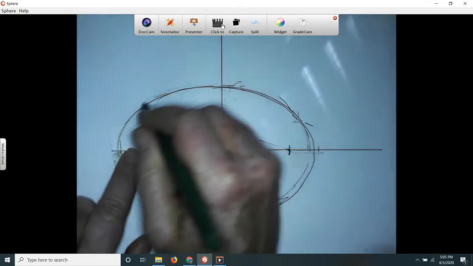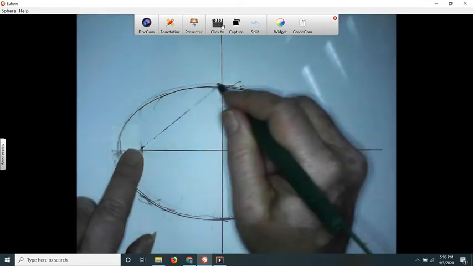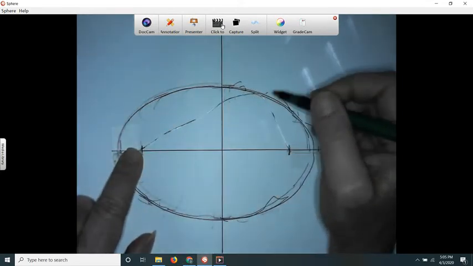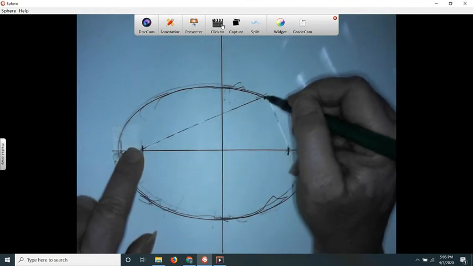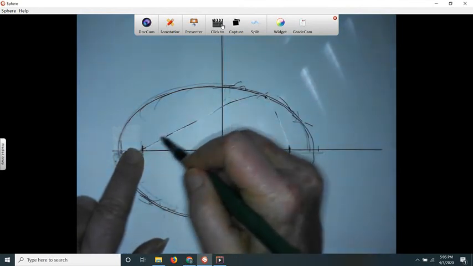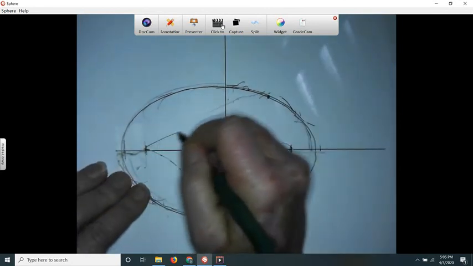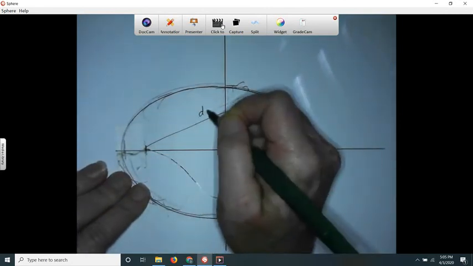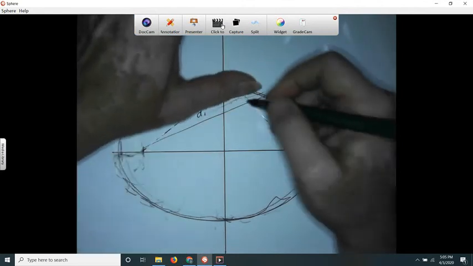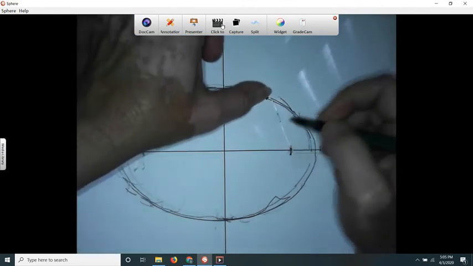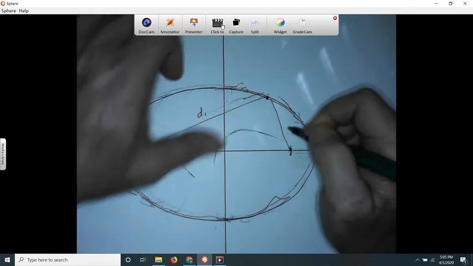The length of the string is staying the same. So the definition of an ellipse is that the sum of, let's call this distance 1 plus, we'll call this one distance 2.